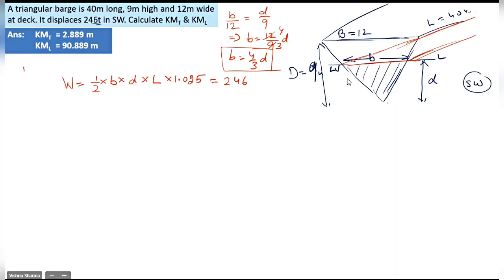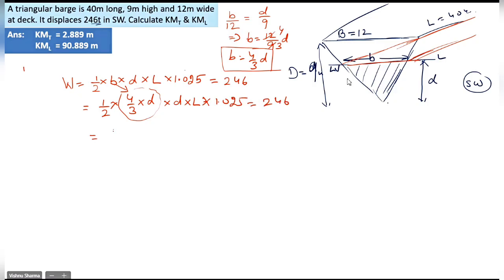Now what I can do is replace this b by 4 by 3 D that we just got. So I have replaced b here: b into D into L into 1.025 equal to 246.